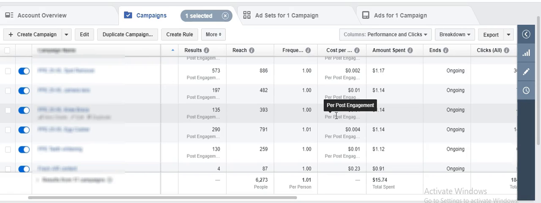You also want to make sure you look at your CPM, which is your cost per 1,000 impressions, and see what kind of engagement you're getting. Because sometimes you could be going at different angles. It depends on how you're trying to market yourself and what angle you're going at. Then that's how you would set up your ads.